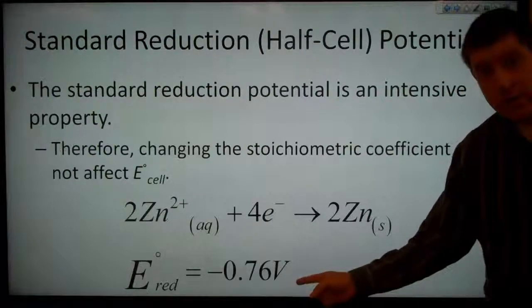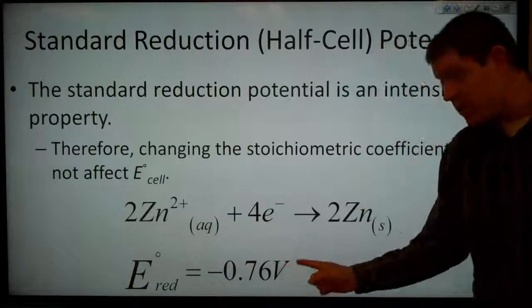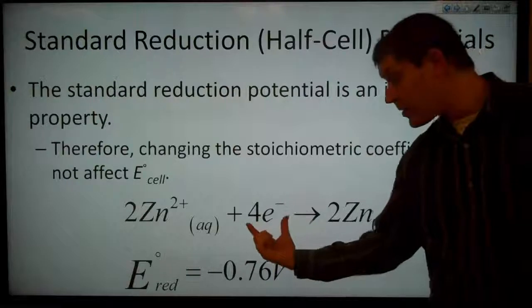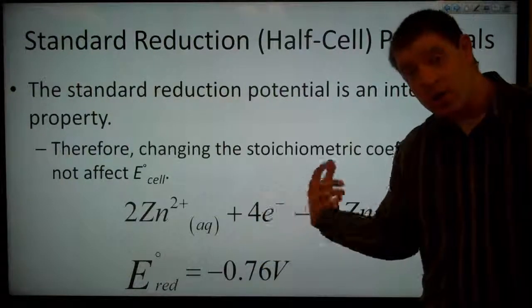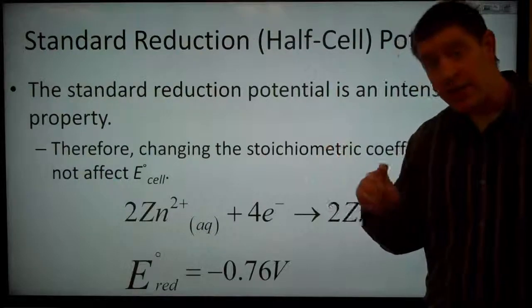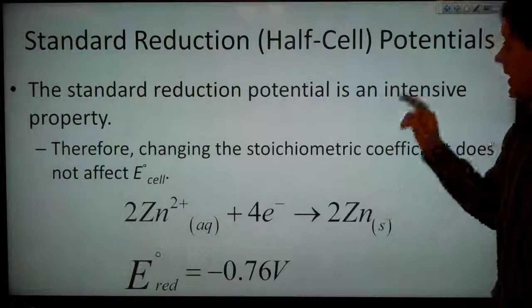It doesn't change. If it were an extensive property, then the reduction potential would change. Now, the current that we're getting out, the electron flow, the charge flow that we're getting, that value does change. So that is extensive. But the voltage is an intensive property.